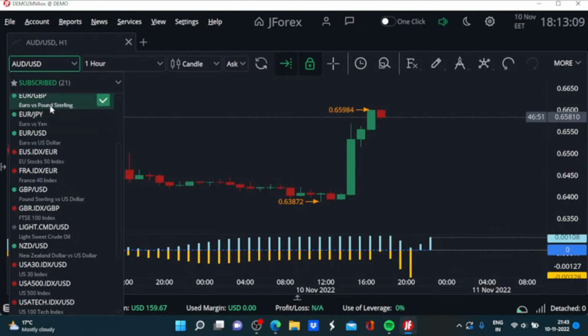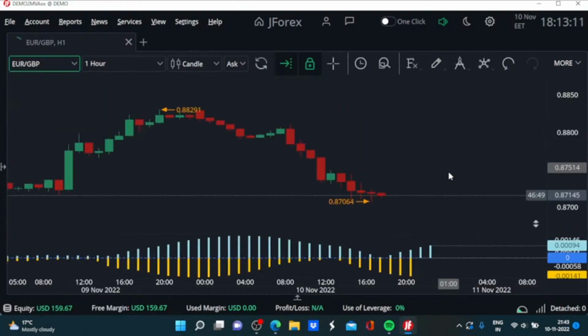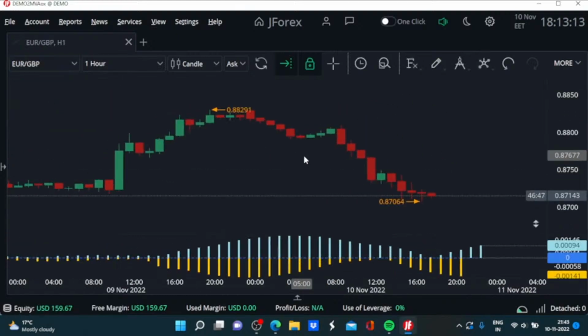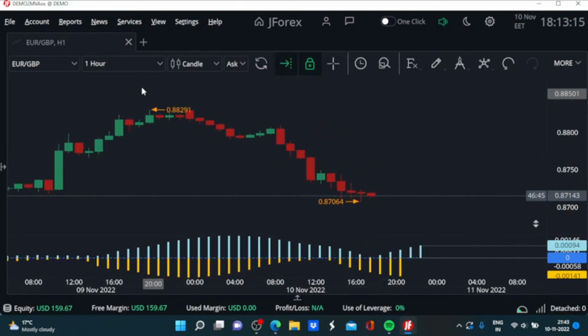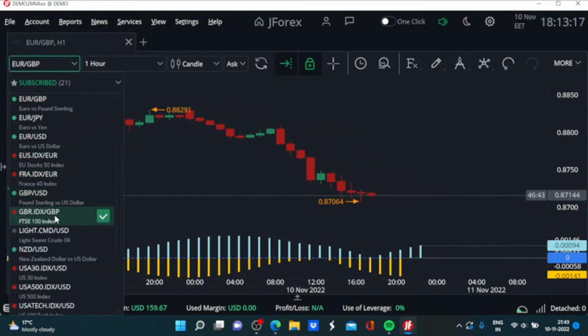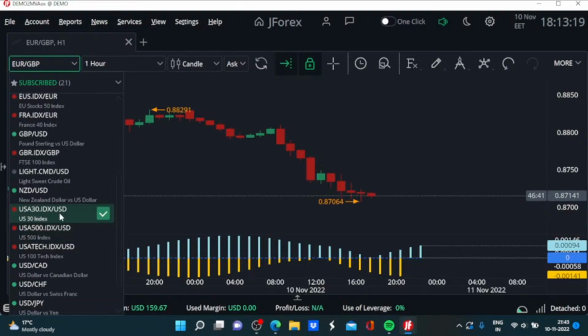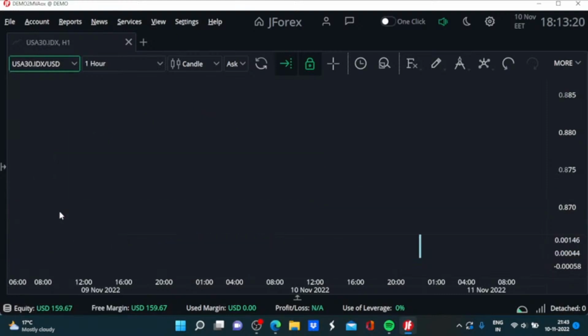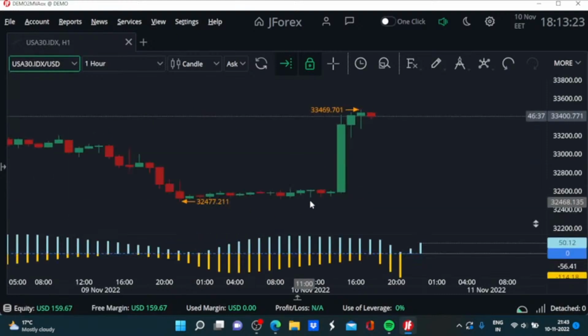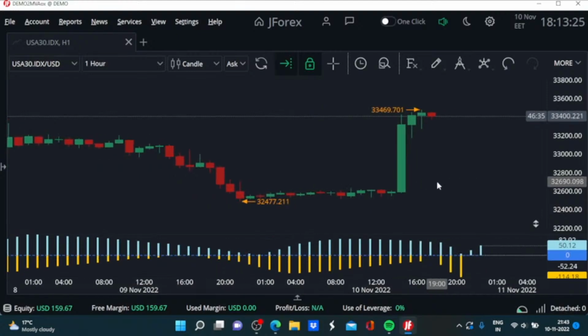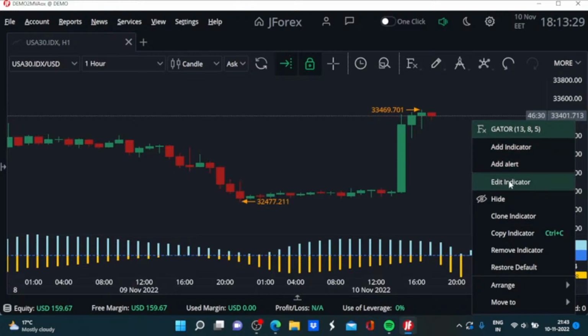If I change it to Euro GBP, again I will be observing this plotting for the Euro GBP. So all these instruments which are available to trade with the platform can be utilized for figuring out the trading opportunities using this indicator.